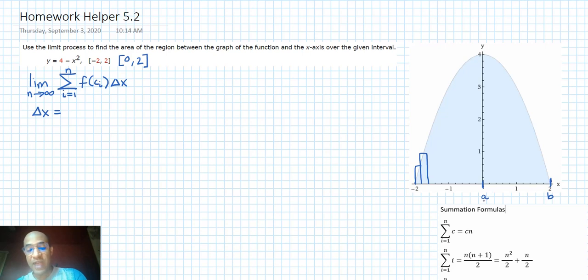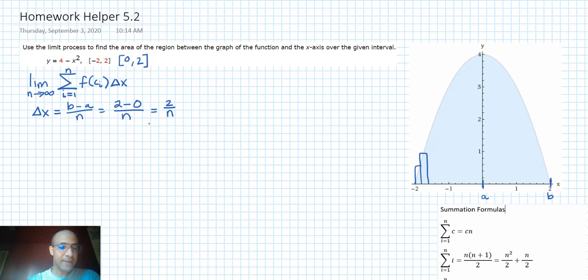If there are n rectangles, then each rectangle will have a width of b minus a, the entire width, divided by n, the number of rectangles. So that's the formula for delta x: b minus a divided by n. In this case, the interval ends at 2 and started at 0, so it's 2 minus 0, all divided by n. Our formula for the width of each rectangle is just going to be 2 over n.